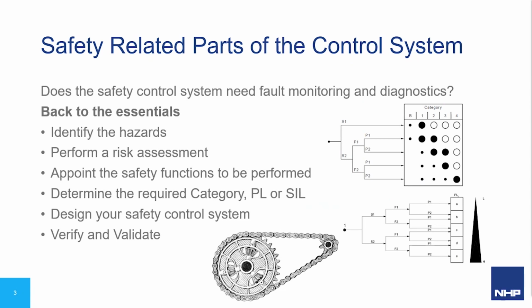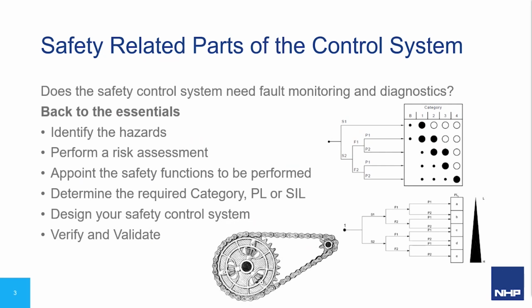Determine the required safety category, performance, or safety integrity level for your safety control system. Use the safety of machinery standards to guide you through the processes and requirements. Design your safety control system to not only perform the necessary safety functions, but also meet the required safety performance level or integrity.